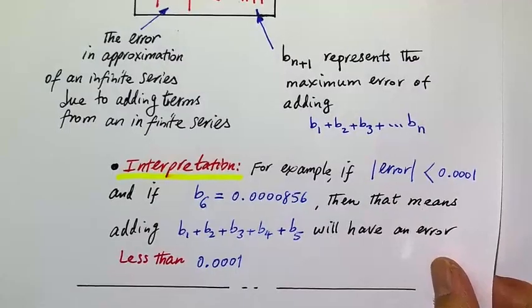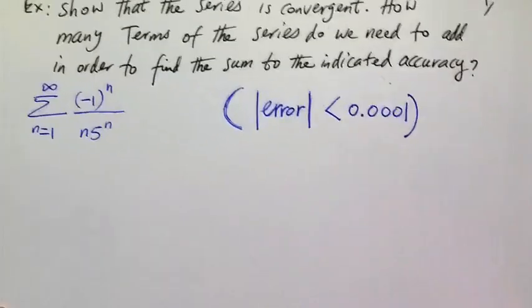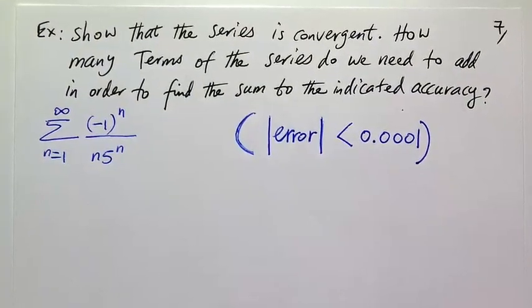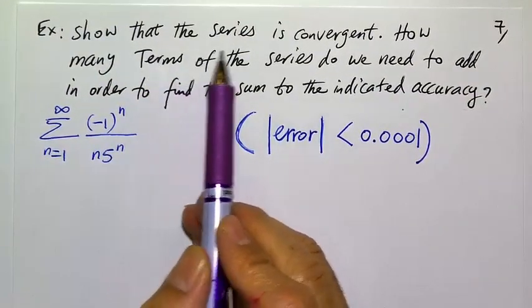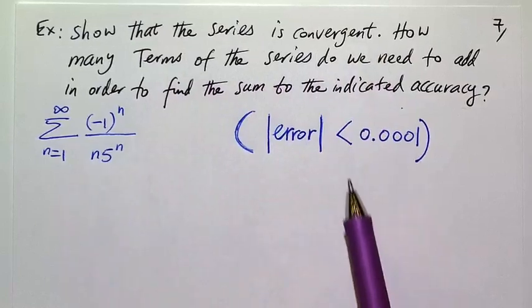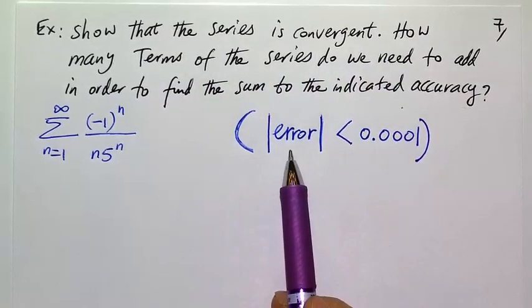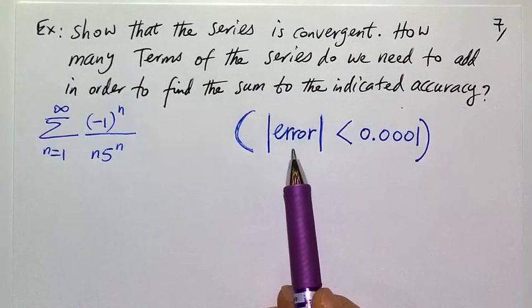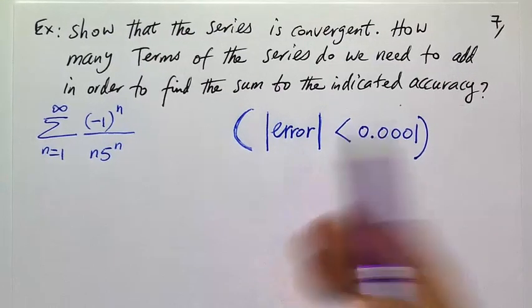Okay, so let us see a couple of examples then. Show that the series is convergent. That's what we have to do before we look at the error condition. If it's divergent, we don't even worry about this.